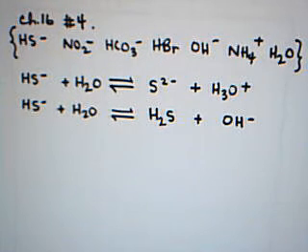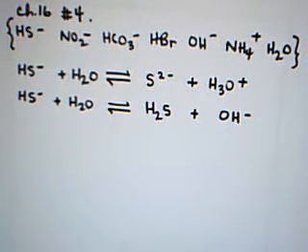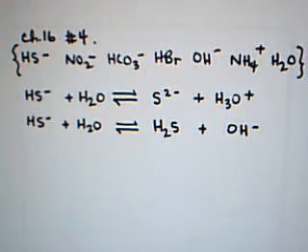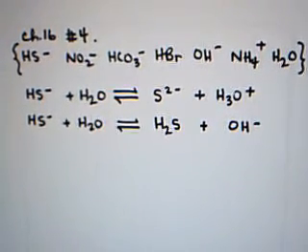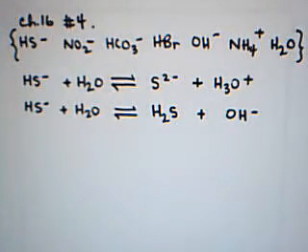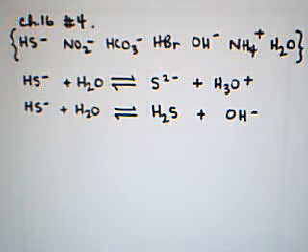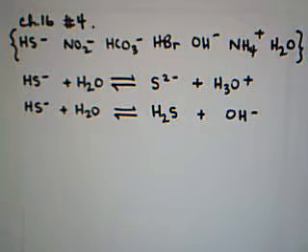All right, so I think that we would choose HS minus ion as being amphiprotic. So we'll try the same thing with the NO2 minus ion.